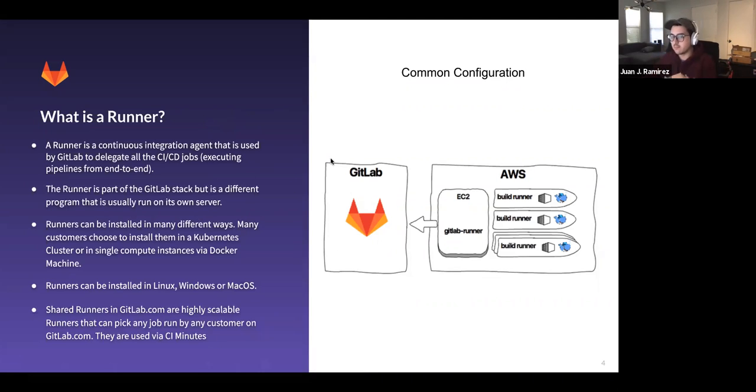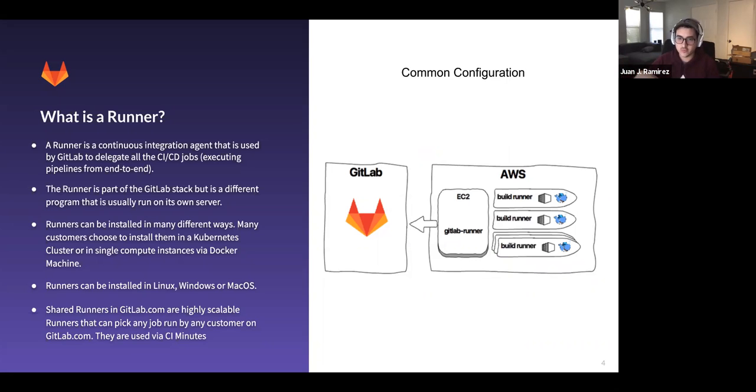I don't think everyone here understands well what's a runner, and that's totally fine. That's one of the great things about GitLab. You can get so far with doing CI without ever knowing what's a runner, because when you use gitlab.com, we have our own managed offering of runners, and as long as you have a valid GitLab CI YAML file, we are gonna run those jobs for you.